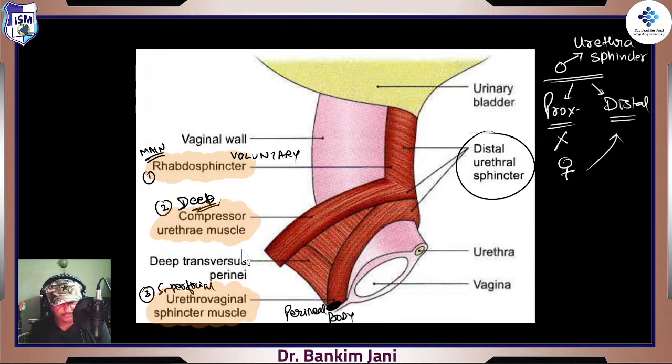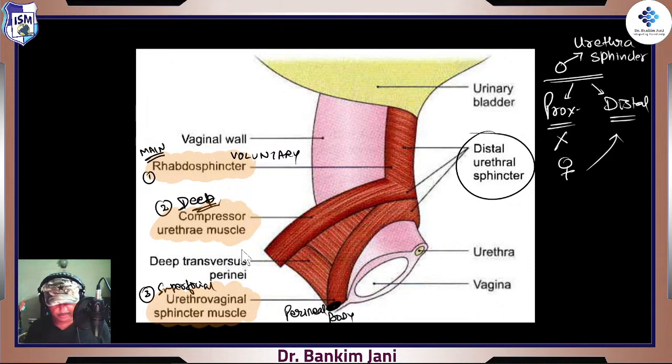This is the compressor urethrae. See, the importance of the compressor urethrae and urethrovaginal sphincter is that they prevent incontinence. That is, when some of the urine remains in the bladder, what they really do is contract to expel even the last drop of urine. So that is the importance of it.